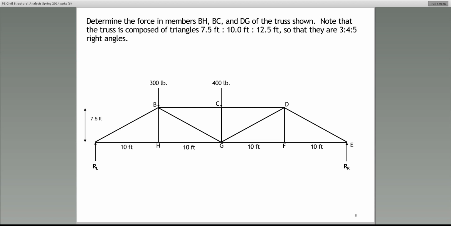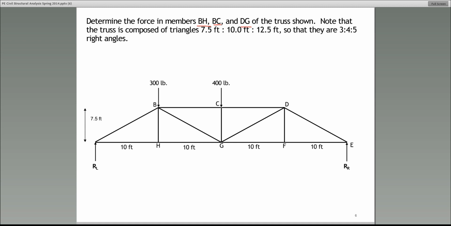And these kinds of problems show up on the test quite often. So in this case, we are looking at the truss that's in front of you, and we want to know the force in members BH, BC, and DG.